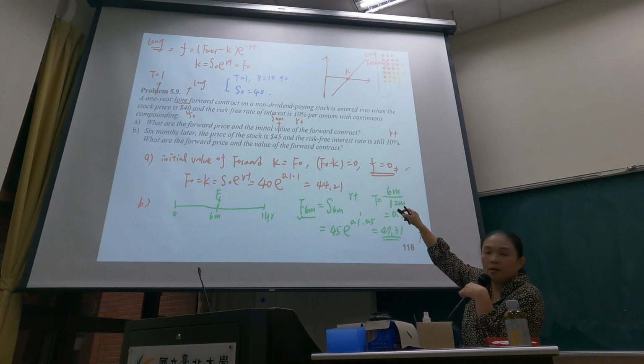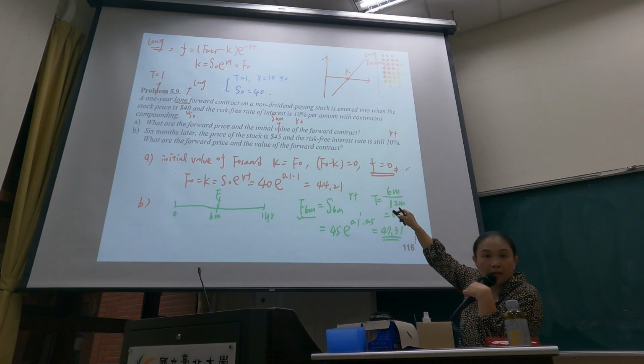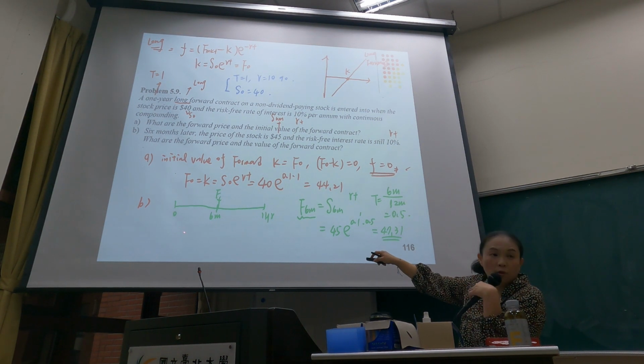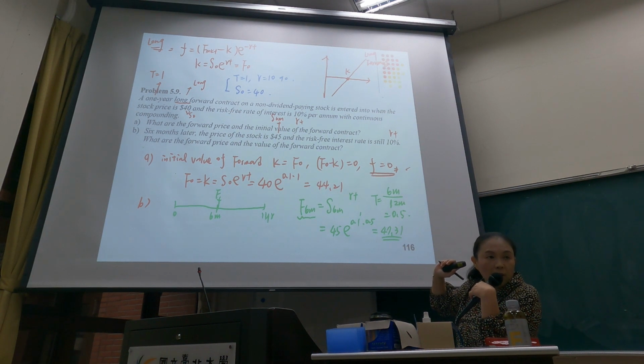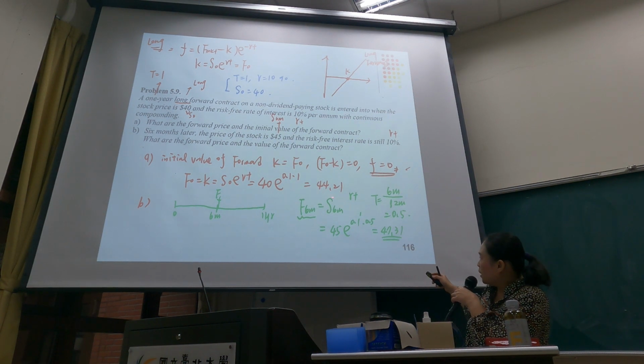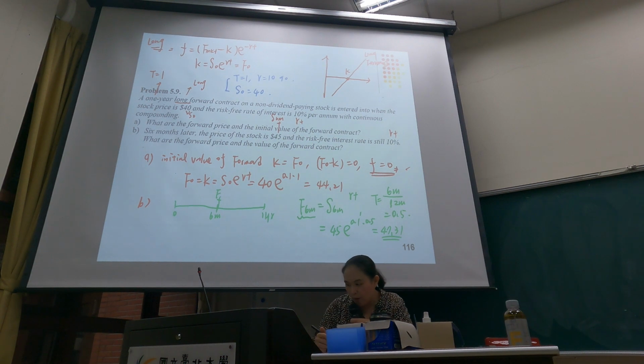Your K will not change because that's the delivery price you signed 6 months ago when you signed the contract. Can you guys follow me? So this price is how much you forecast 6 months later. Basically, K is 44.21, right? And 6 months later, F at 6 months is 47.31.